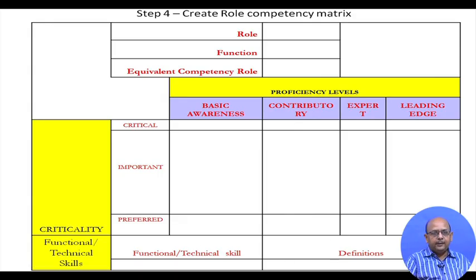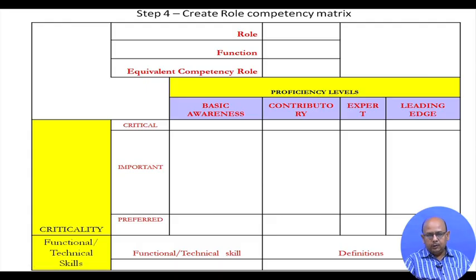So, once the entire process is carried out, you are able to create a competency matrix considering all competencies, and doing this exercise, so that you are able to identify the extent to which these competencies are critical, and what proficiency level is required for that particular job.